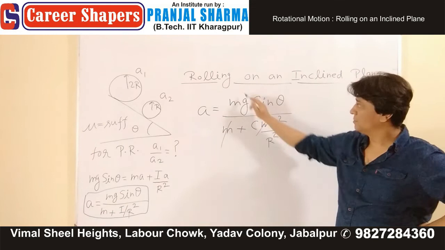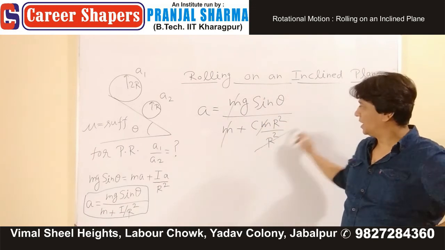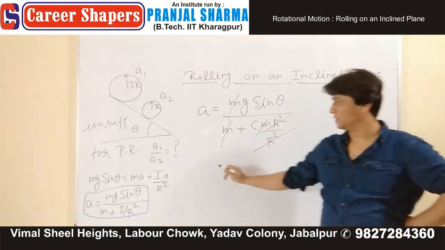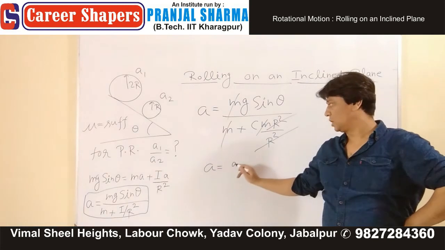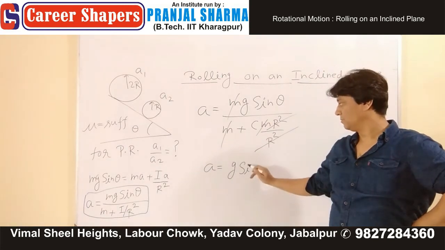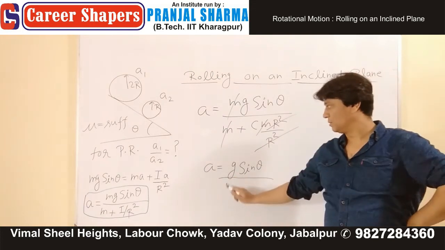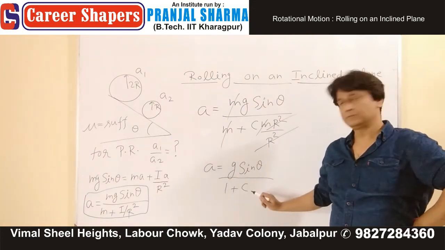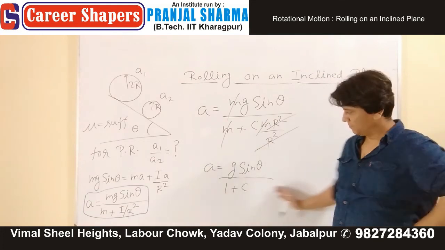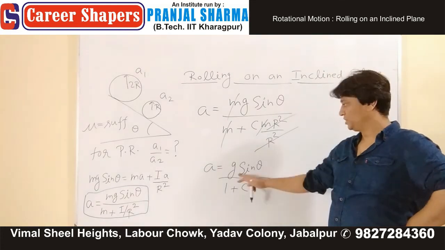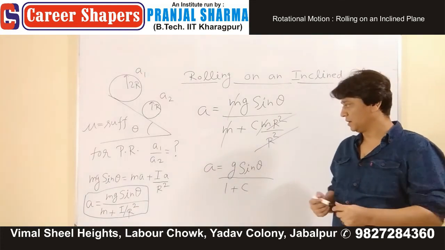M cancelled. R square cancelled. Your A is what? G sine theta divided by 1 plus C. Can you see? It's only this much. G sine theta upon 1 plus C.